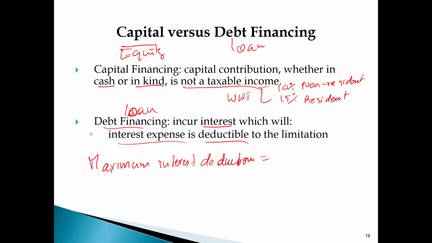Yeah, 50% of what? Of net non-interest income, plus interest income.